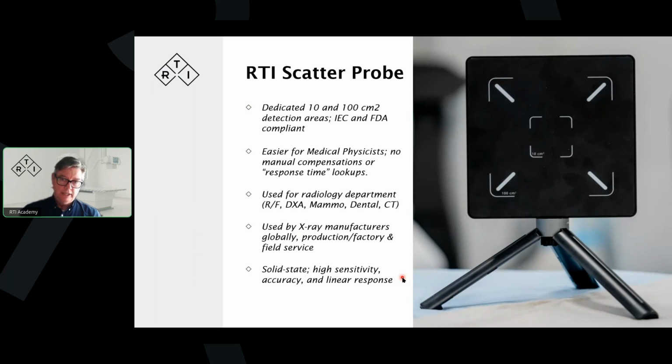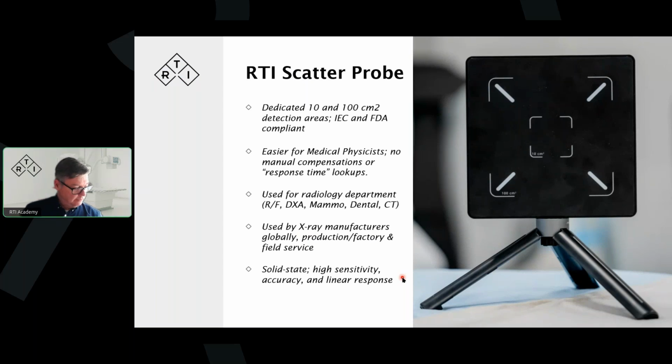The operational range is from 10 keV basically up until 150 keV, which covers the mean energies in the typical spectra that we have in the diagnostic imaging field. So that makes it suitable for manufacturers and medical physicists across the world to use. And with the solid state technology, it has a fast response and high sensitivity. So it makes it an interesting tool to work with.